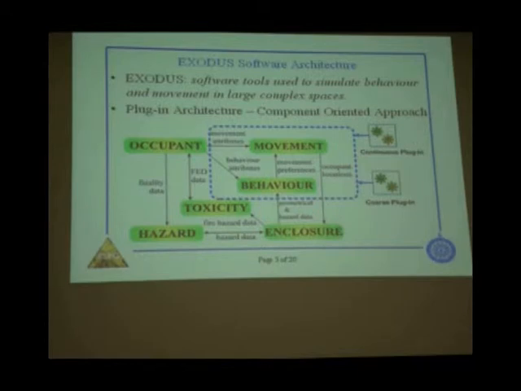And Exodus is made up of 6 sub-models, namely occupant, movement, behavior, toxicity, hazard, and enclosure. And that plugin architecture is based on the existing layer of the movement and behavioral sub-models. And the two new functionalities which have been developed are the continuous plugin and the coarse plugin, which we shall look at in more detail.